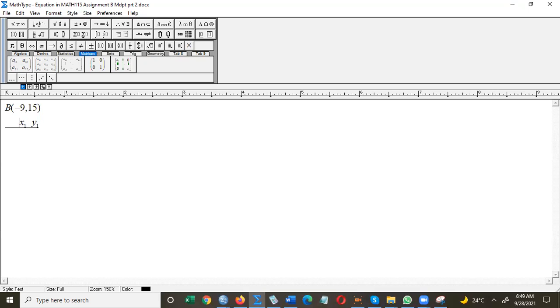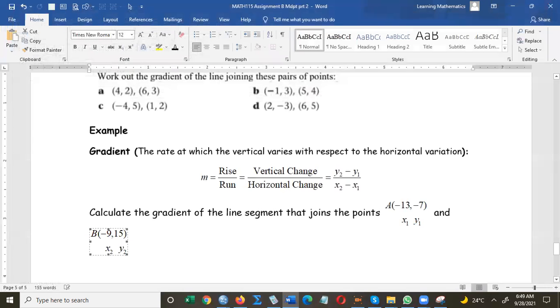So B will be the second point, so its coordinates will be x2 and y2. So we have them labeled already, and all we need to do is substitute into the formula.